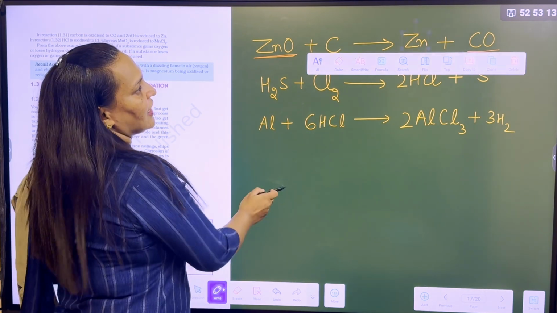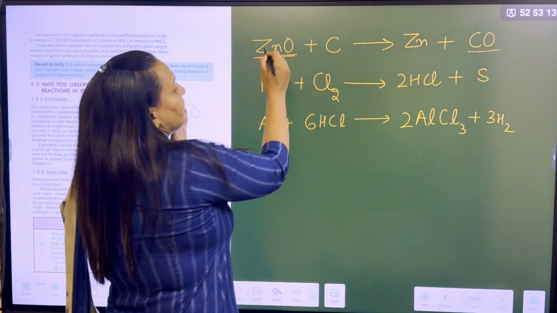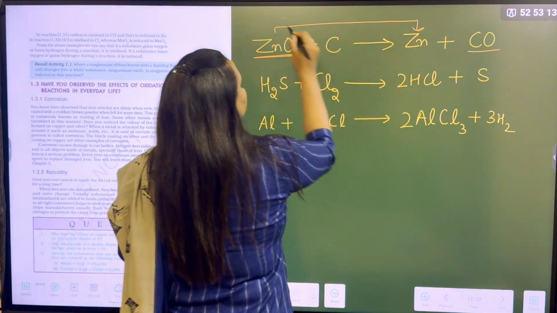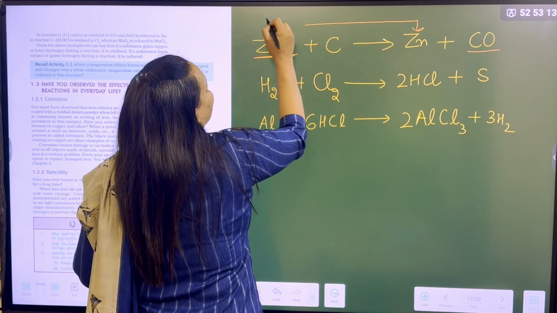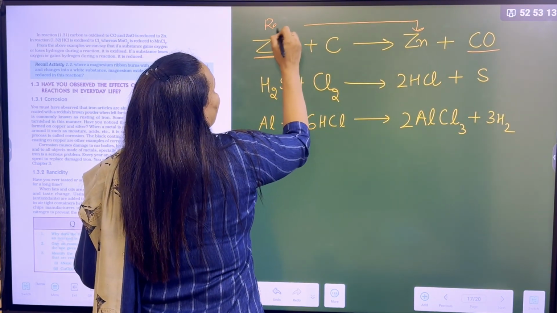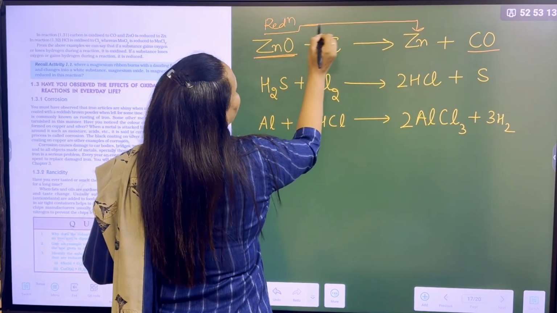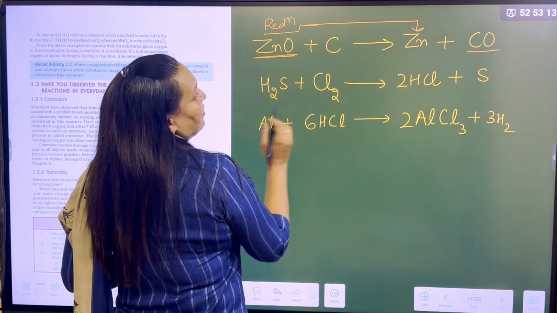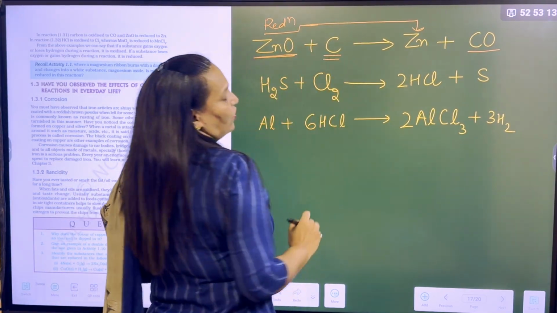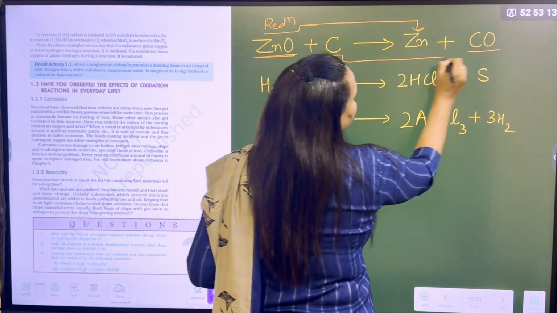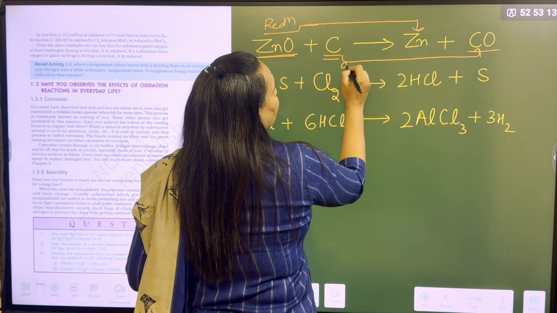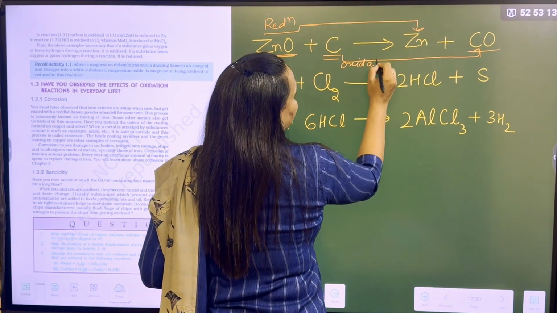So oxygen is removed. So zinc oxide is undergoing reduction. Yes, it is undergoing reduction. But here carbon is alone. If you compare it with the product, oxygen is added. So it is undergoing oxidation.